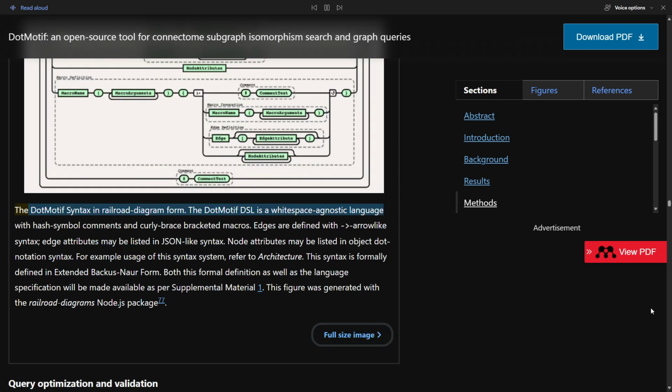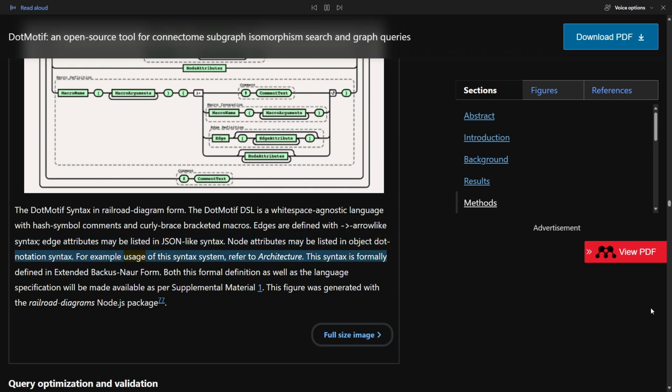Figure 8. The DotMotif syntax in railroad diagram form. The DotMotif DSL is a whitespace agnostic language with hash symbol comments and curly brace bracketed macros. Edges are defined with dash arrow-like syntax. Edge attributes may be listed in JSON-like syntax. Node attributes may be listed in object.notation syntax.